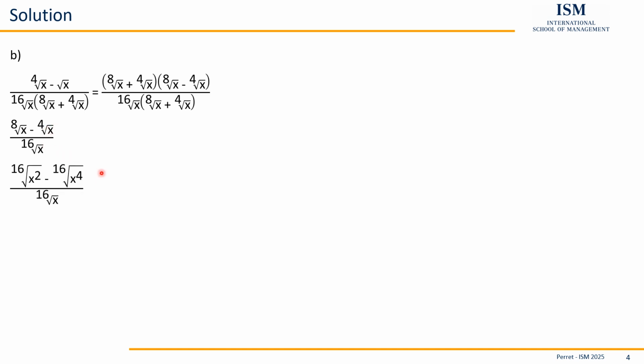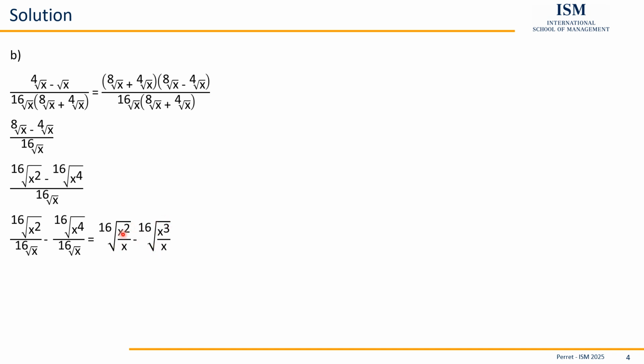So it looks like this. Then I could just split this fraction up into two parts, which would look like this. Those two have more or less the same exponent or the same root, so I can do the same thing here. I put them both under the same root sign, looking like this.